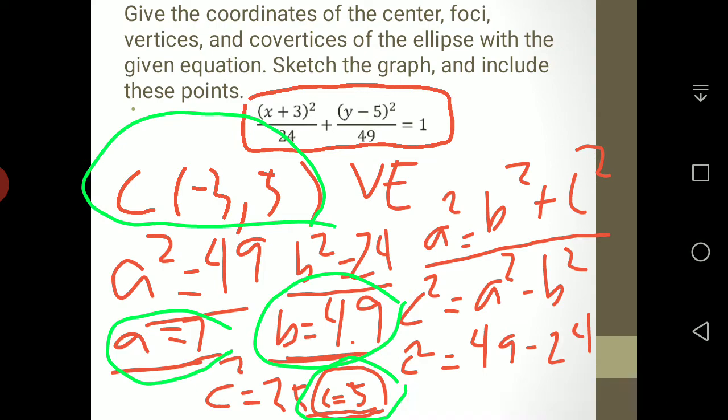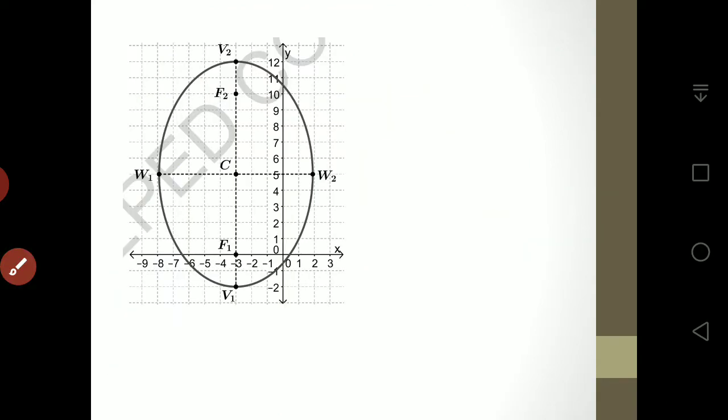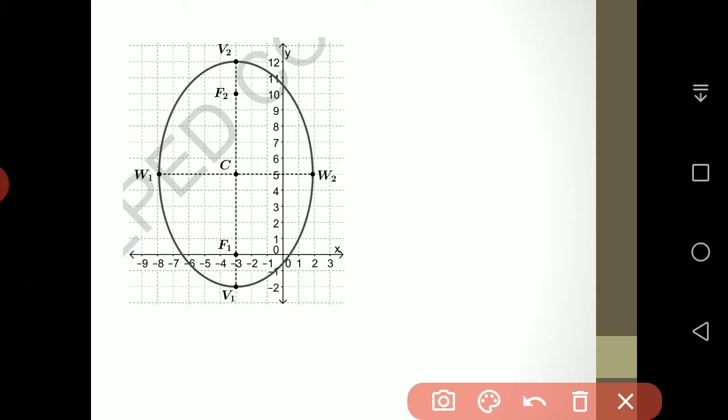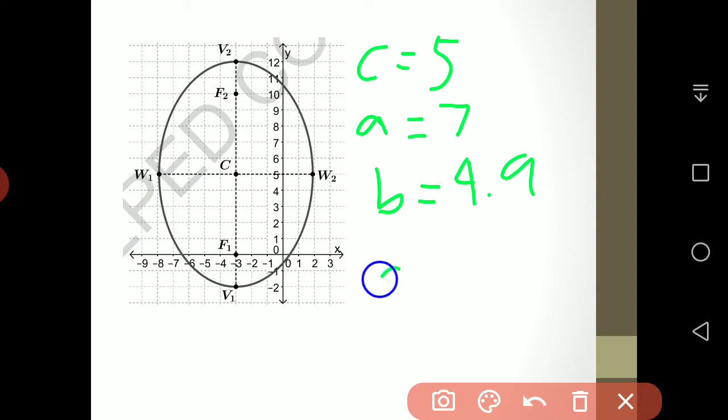Let's just verify it. So again, in this case, c is 5, a was 7, and b is 4.9 with the center.